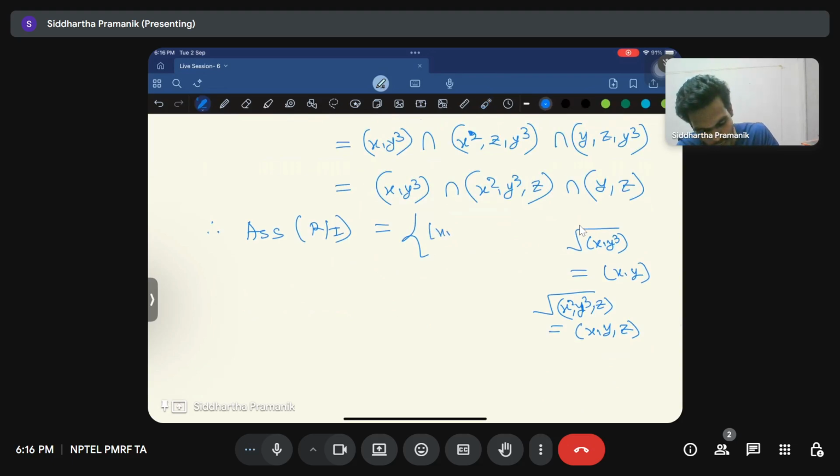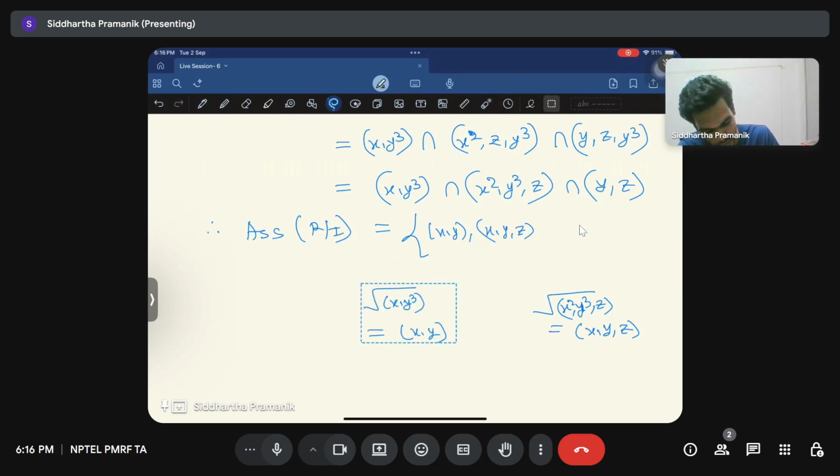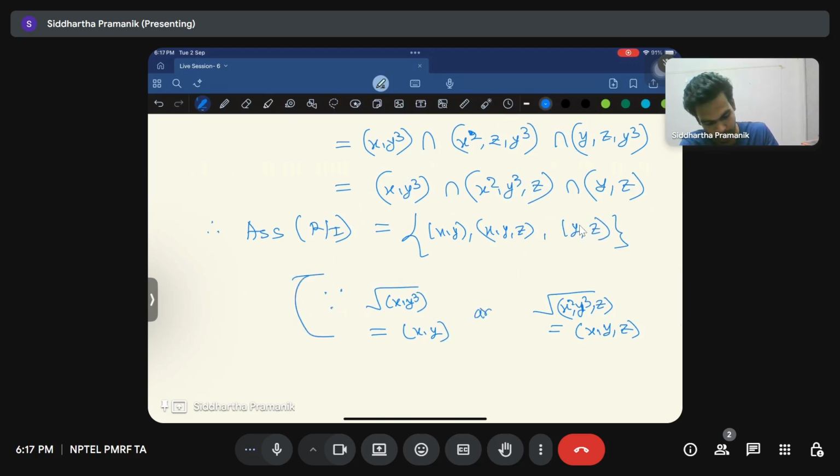So this is (x, y), (x, y, z), and the ideal generated by (y, z). So these are the three associated primes.